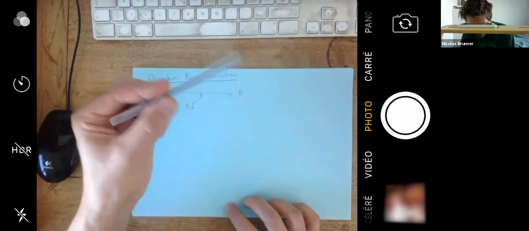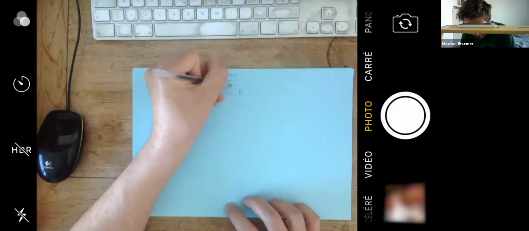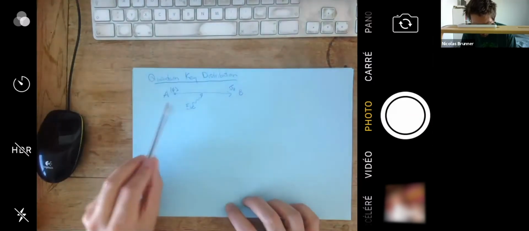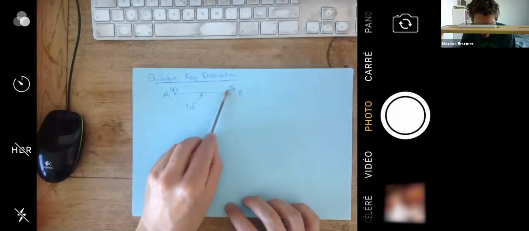So Bob will perform some measurements. Maybe let me write some sigma z here, for instance. And so that's the main idea.